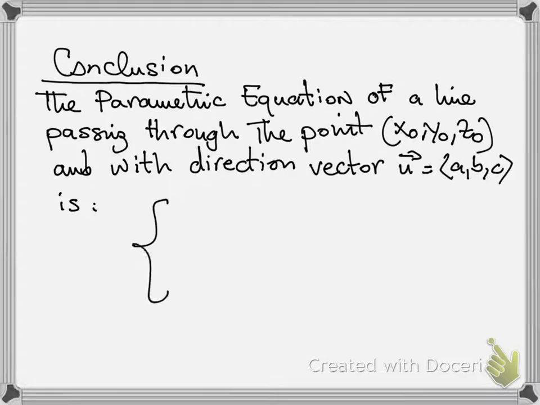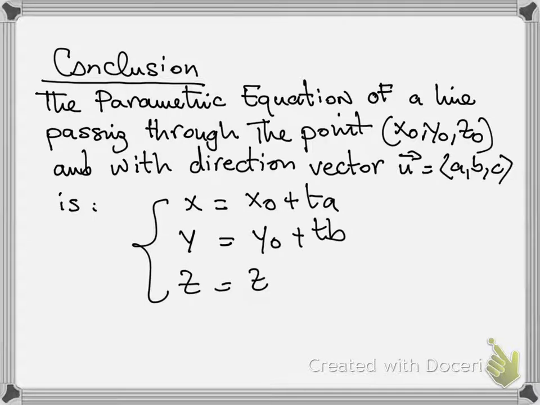So you have x equal to x0 plus ta, y equal to y0 plus tb, and z equal to z0 plus tc, where t is a parameter, so t is a real number.